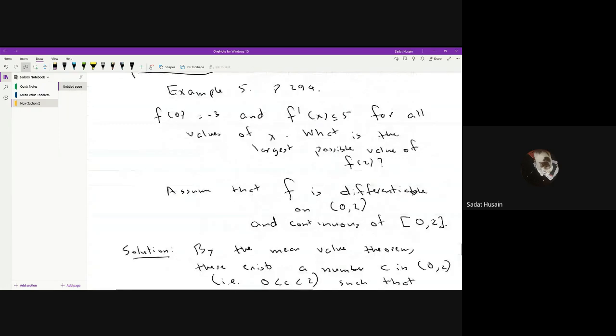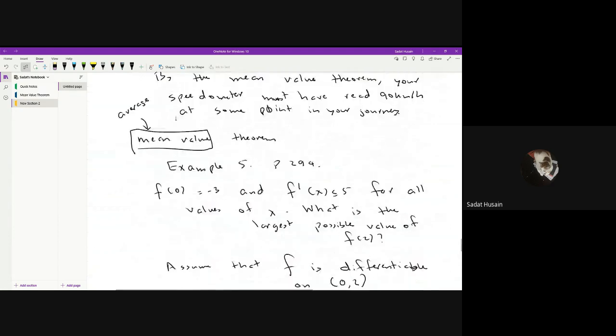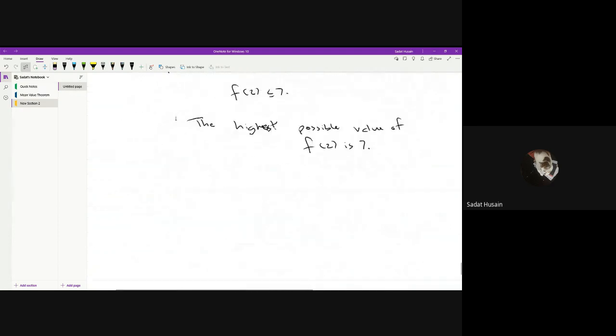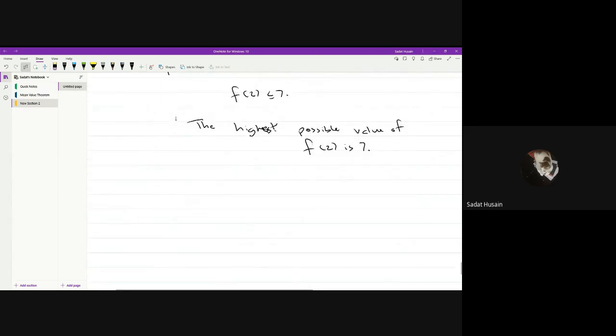So this is another example of the mean value theorem. We have a couple of corollaries to the mean value theorem. So, what is a corollary? It is a consequence that follows.